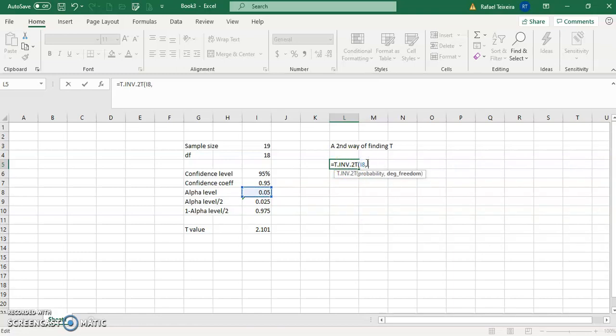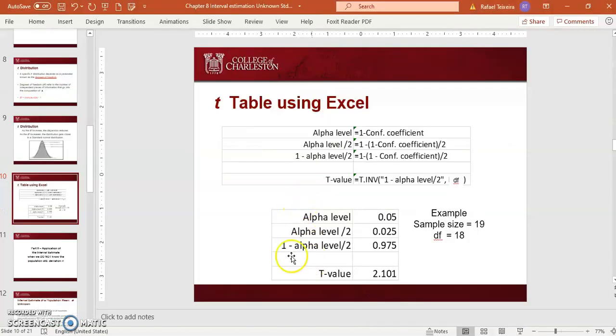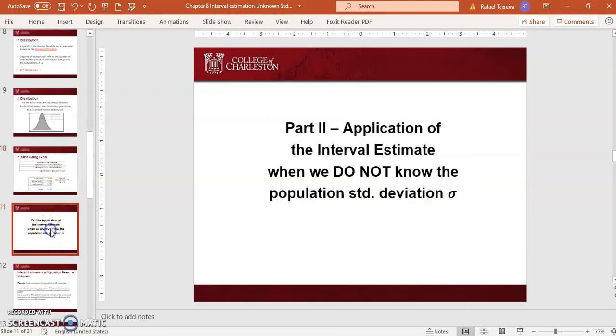So if we use this formula instead of the other formula, you don't have to divide the alpha by 2, and the degrees of freedom is 18, and that's the same number. Okay, so 2 ways of computing the t-value. I'm going to stop here and prepare another video about the application.